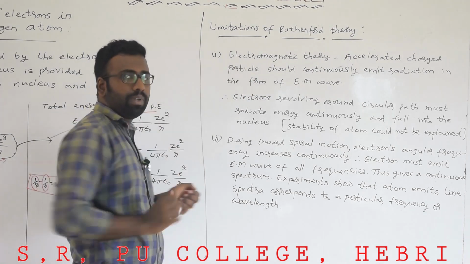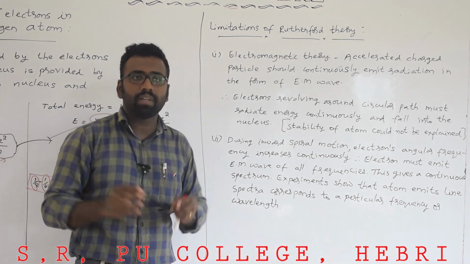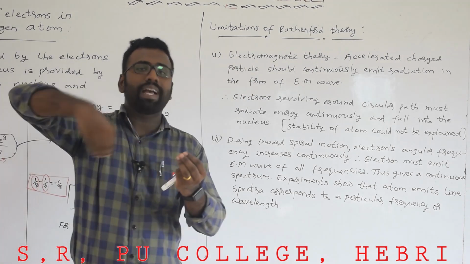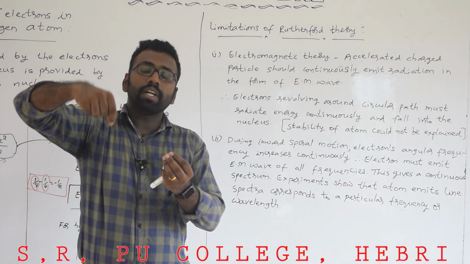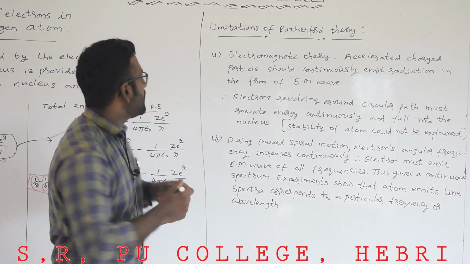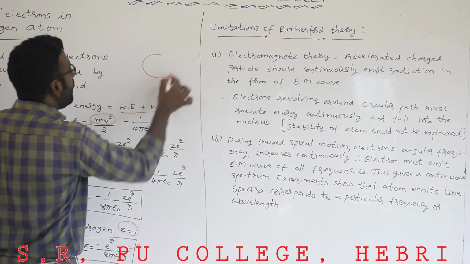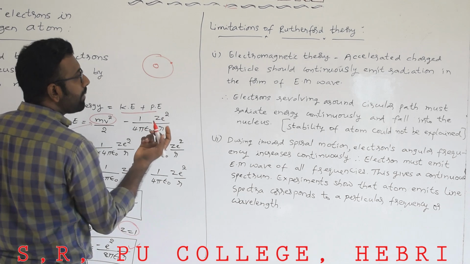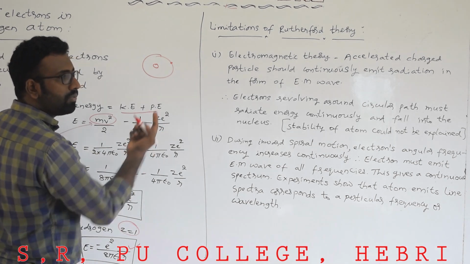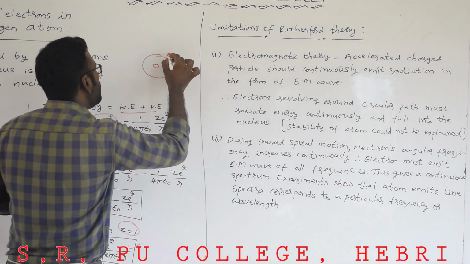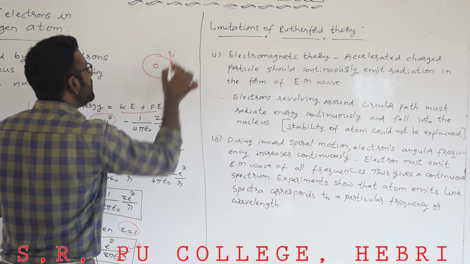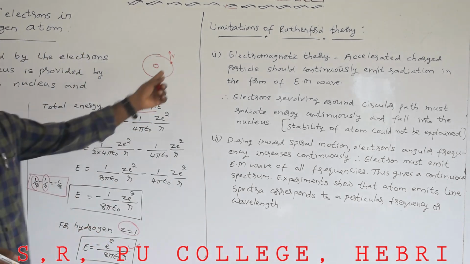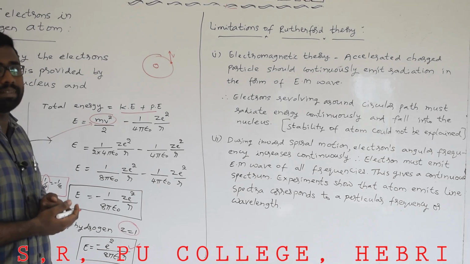See, we know Maxwell, right? So Maxwell gave one idea that whenever a charged particle accelerates, it will give out an electromagnetic radiation. So I can show you here. See, this is an atom. Electrons are revolving in circular path, right? We have seen the postulate of Rutherford theory. So you see here, at every point, what happens? The direction of velocity is tangent to the circular path, right?